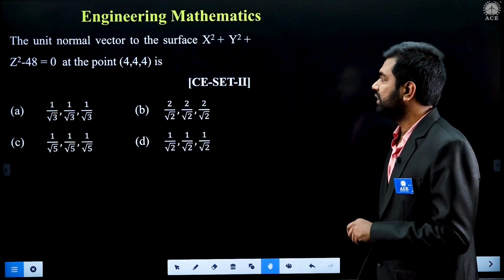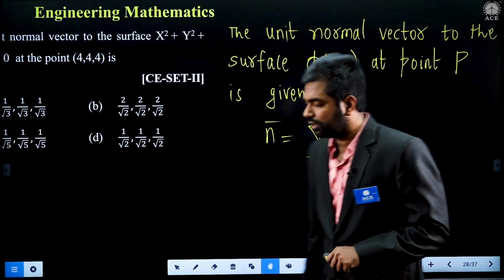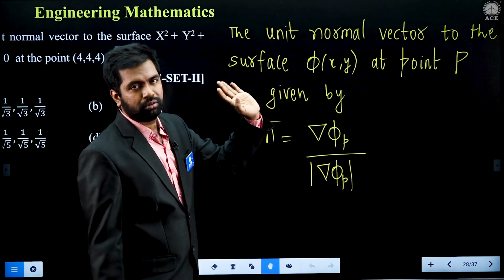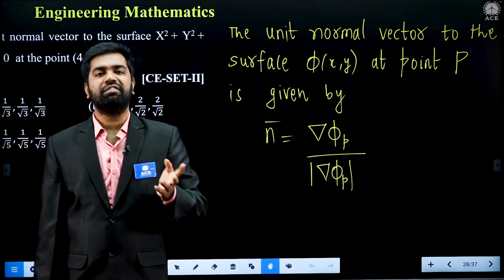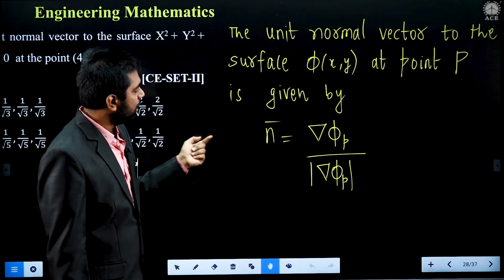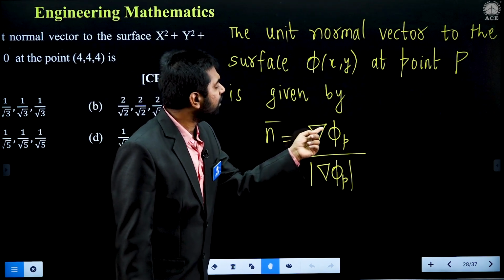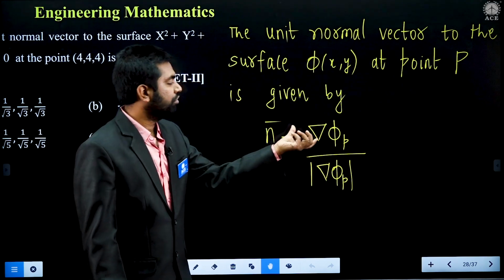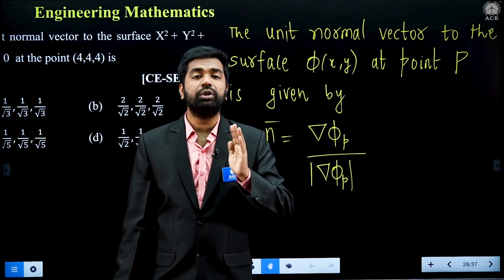So let's get into the discussion. Let's look at what we have now. The unit normal vector to the surface phi, not just a sphere, you take any surface, is given by gradient phi by magnitude of gradient phi. What is phi? Phi is the surface equation.